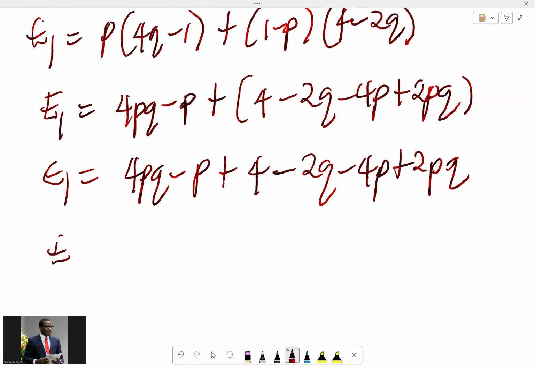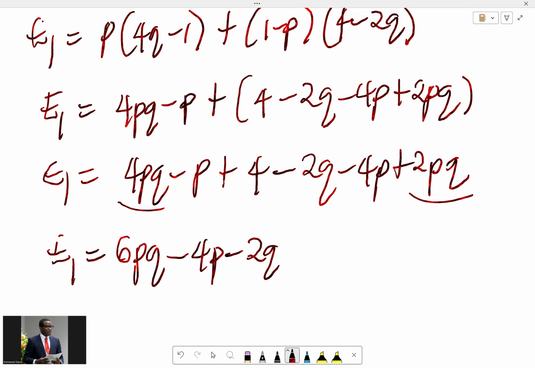So we can collect like terms so that E1, the expected payoff of player 1, is now 4PQ plus 2PQ, which is 6PQ, then minus P minus 4P, that's minus 5P, then minus 2Q, then plus 4.